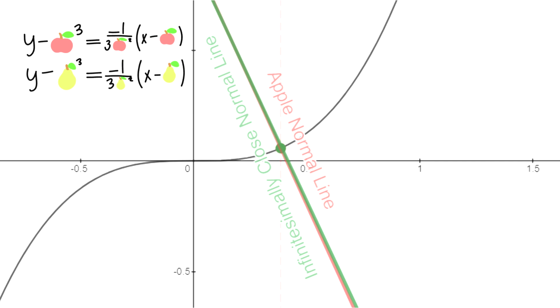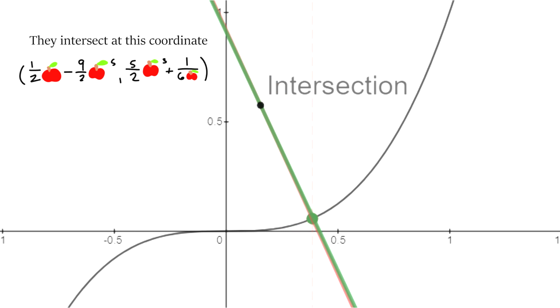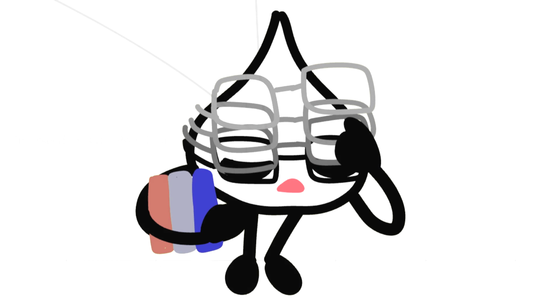And now, if we draw an infinitesimally close normal line to it, then the two normal lines intersect at a coordinate defined by the x value a. And this intersection point is what ultimately turns out to be the pseudo-focus. In formal, abstract diction, this is the significance of the fourth root of 1 over 45.